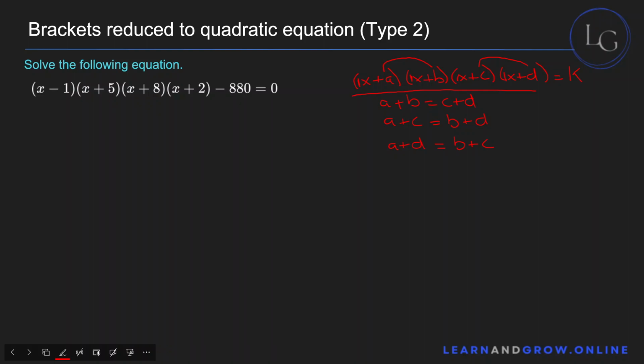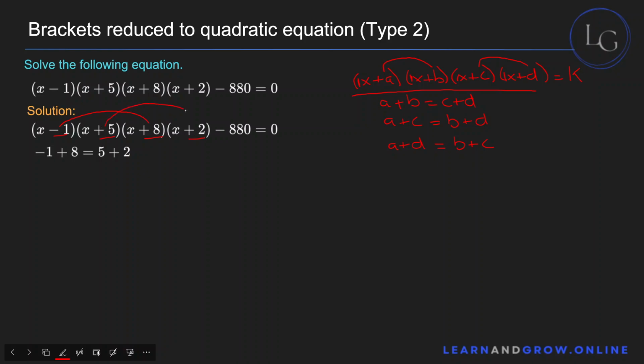Now, see this equation here. You can clearly see that -1 plus 8 is equal to 5 plus 2. This is equivalent to this over here.